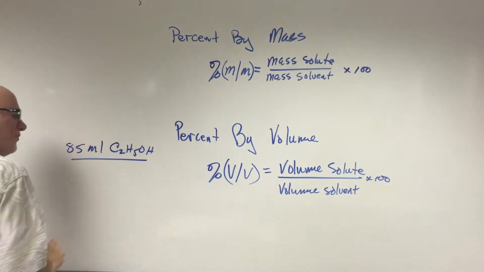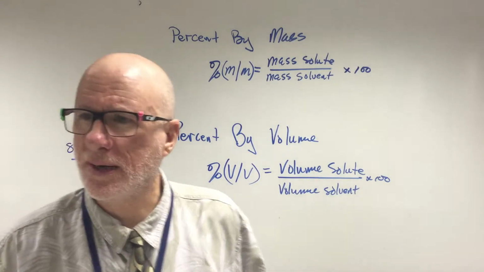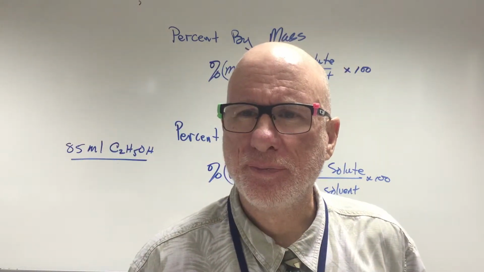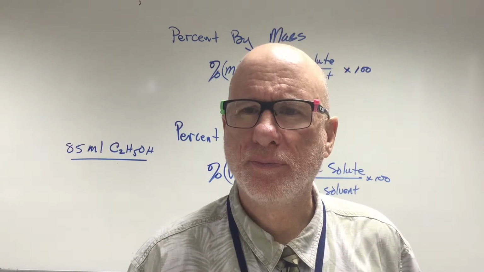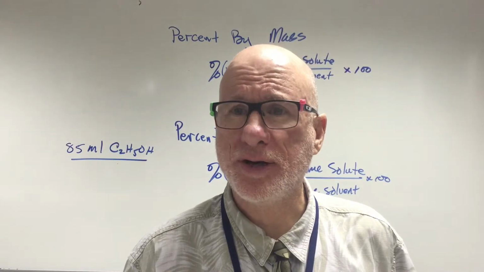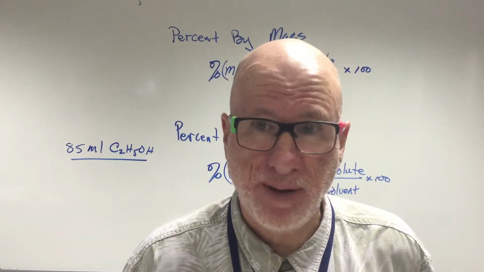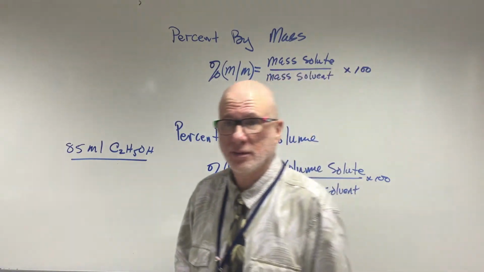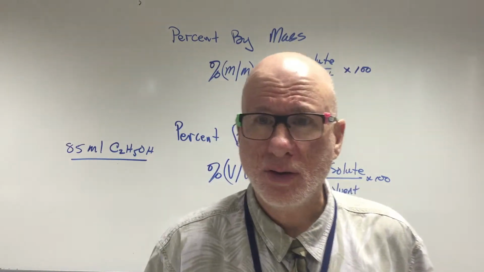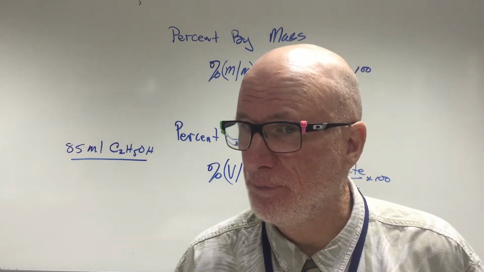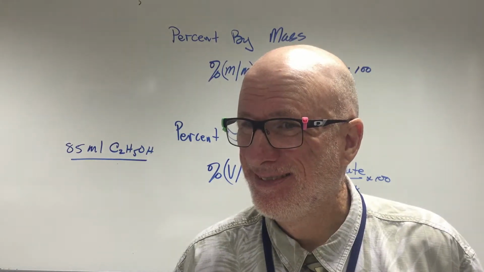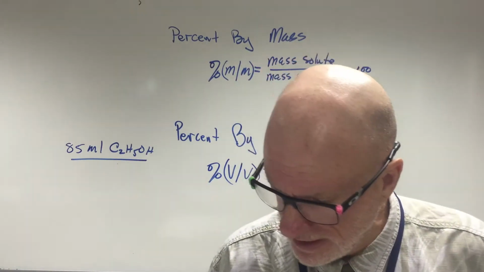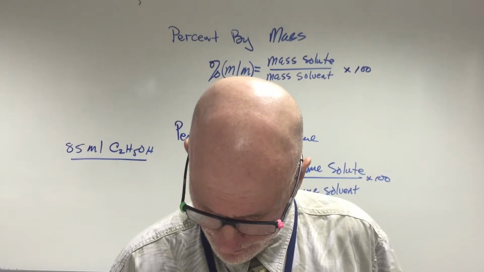C2H5OH, over what? Read that part again. It's diluted to a volume of 250 milliliters of water. So what is it saying?